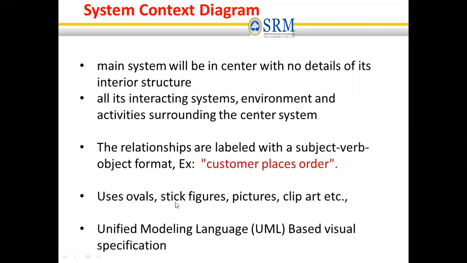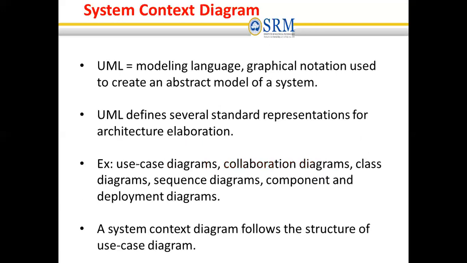Unified Modeling Language, or UML, is a standard formal visual specification language for object modeling, and this language is frequently used for drawing the system context diagram. UML is a general purpose modeling language that includes a graphical notation used to create an abstract model of a system.